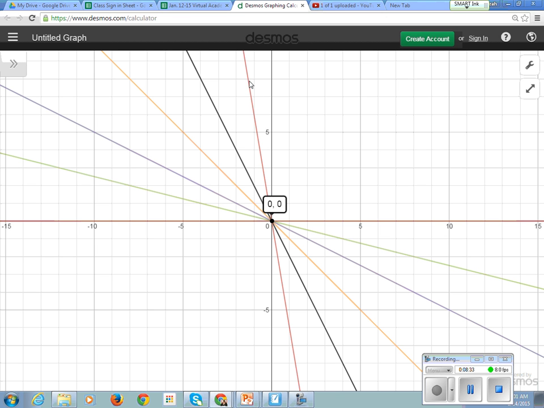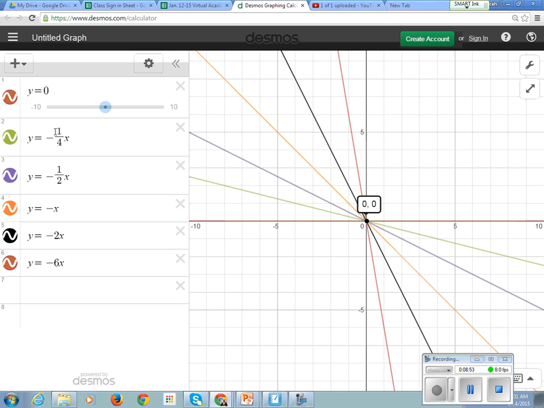So if your little guy is walking, he is walking downhill on all these lines except for the y equals 0, and the slope for this guy is 0, and he is a flat line, horizontal.